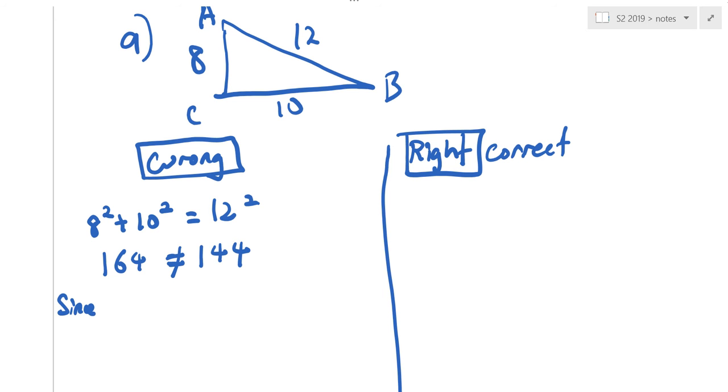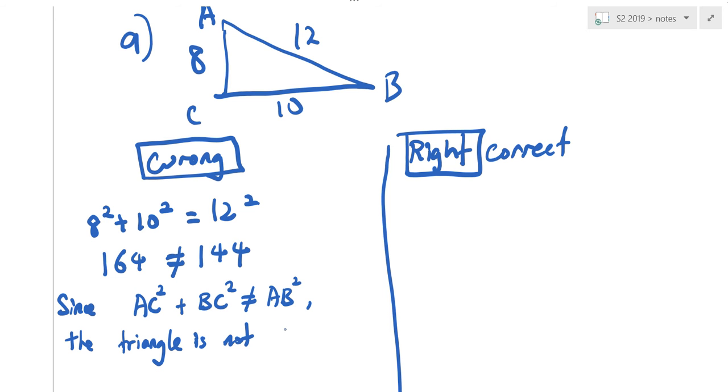So for example, if I want to write alphabet, it's actually AC square plus BC square is not equal to AB square. Do you follow? The triangle is not 90-degree.